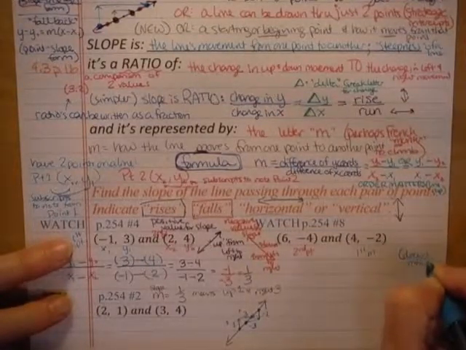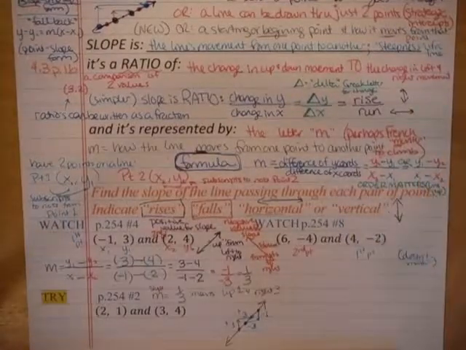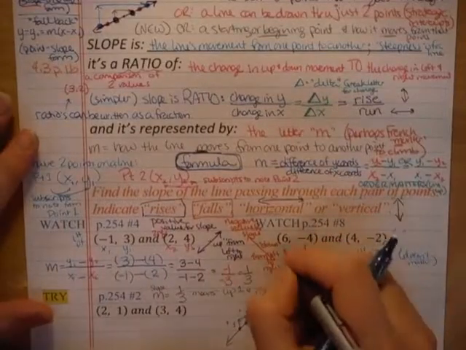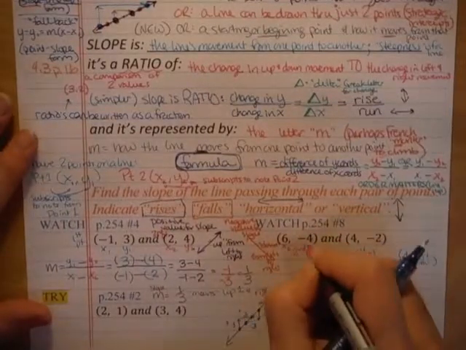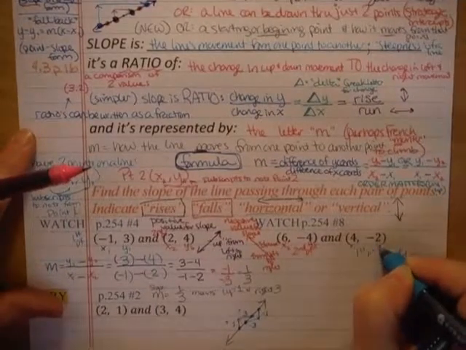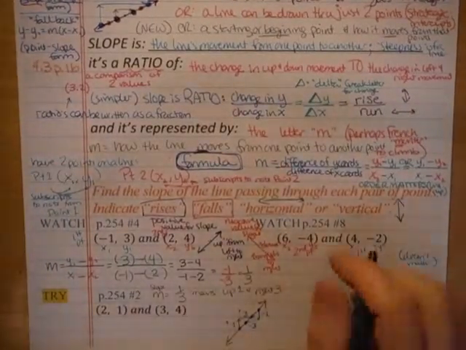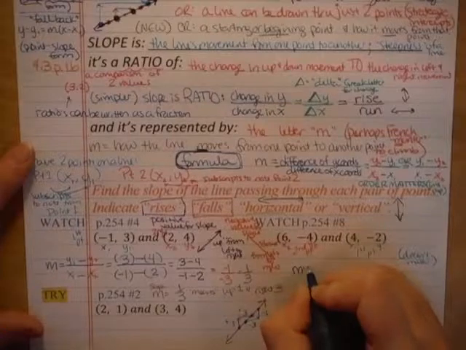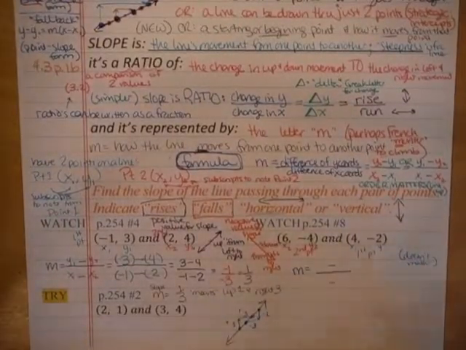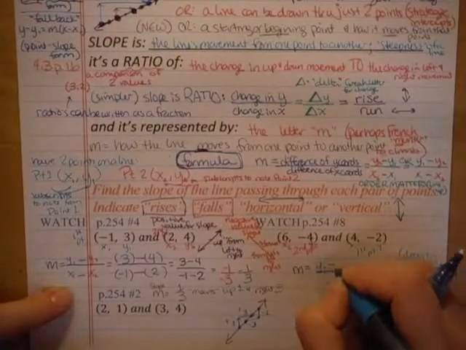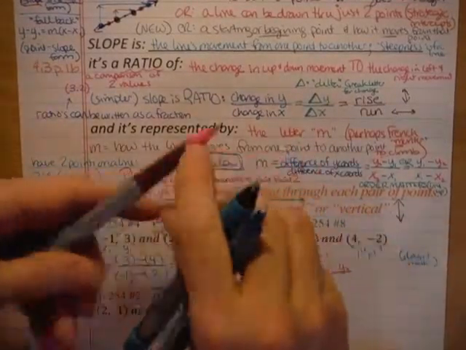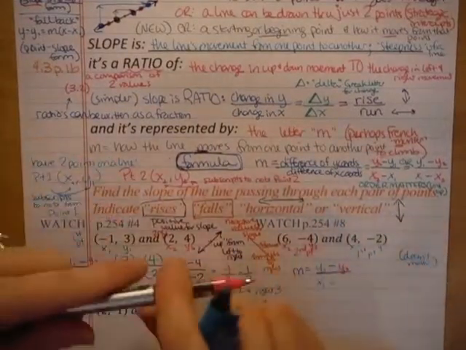As long as you're consistent in plugging it into the formula. So again, what is that formula? Oh wait, I better label these first. So if I call this my x2 and y2, and this one my x1 and y1, just taking a moment to give them those labels, then as I write my formula, I'm subtracting top and bottom, and I've got y1 minus y2 over x1 minus x2.